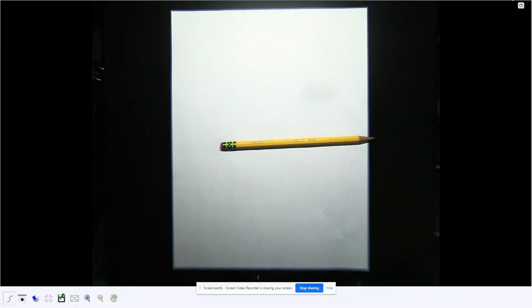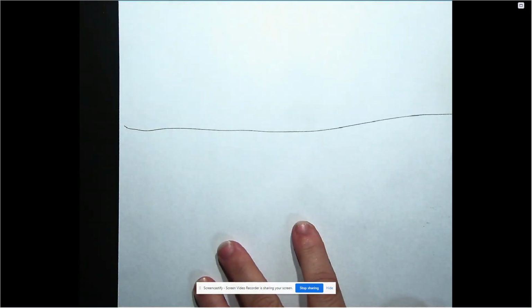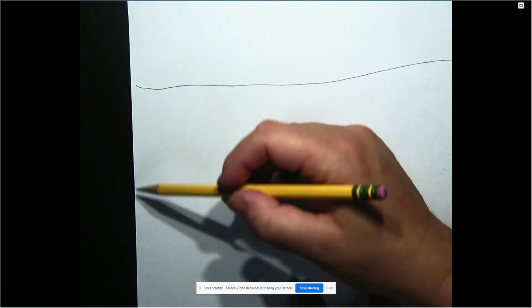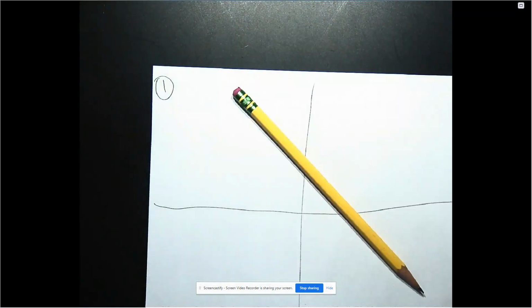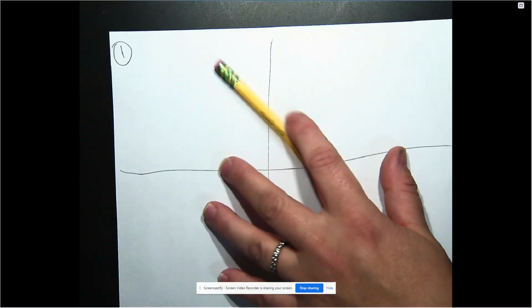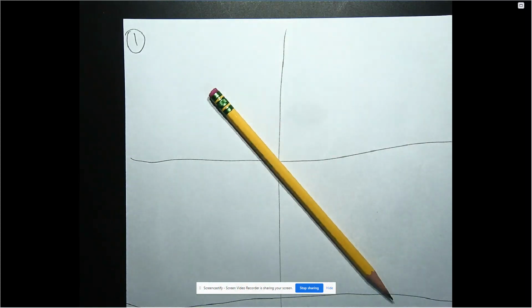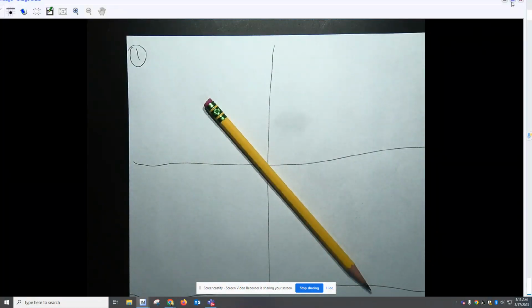Since this is question number 1, I would write a 1, and I'm going to divide my paper into 6 because I think I could get 6 problems on a page. And then I'm going to put a number 1 up in the corner, and that way I can show which number I'm working on.